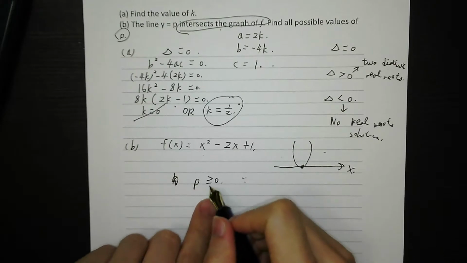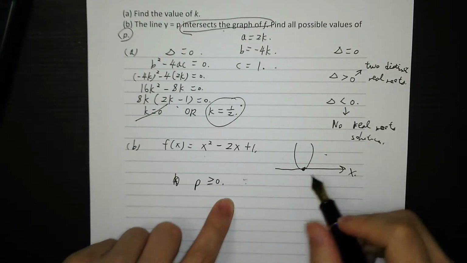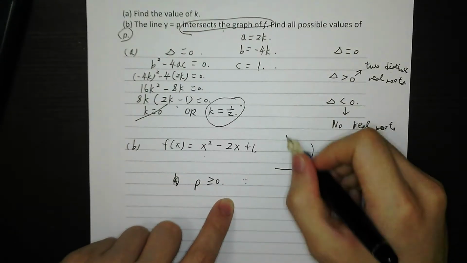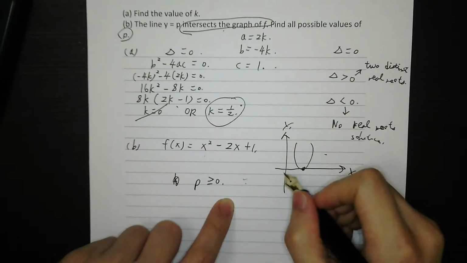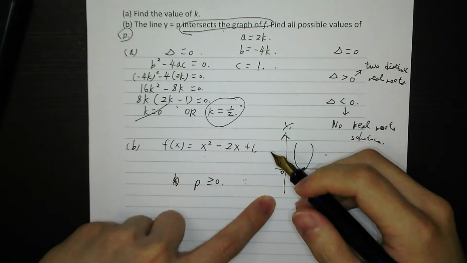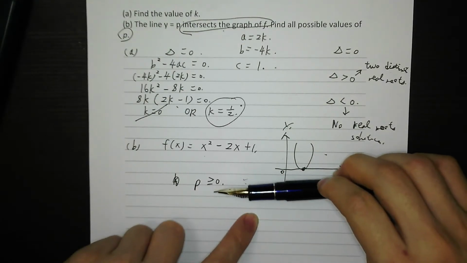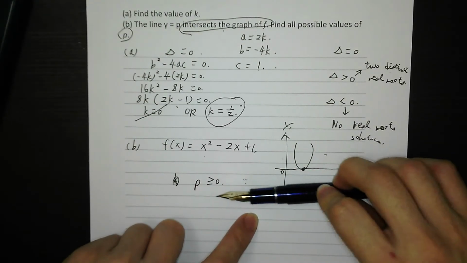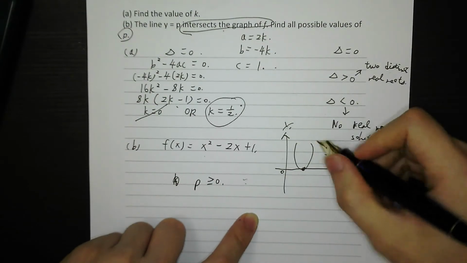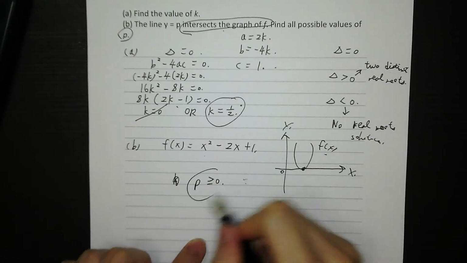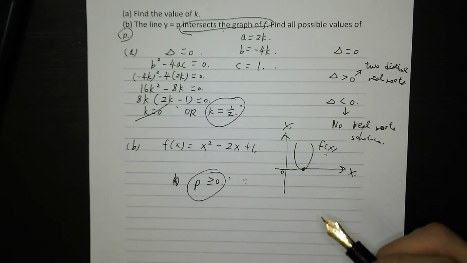So p is greater than or equal to 0. But p cannot be smaller than 0, because below the x-axis the y value is negative, so the straight line doesn't intersect f of x. So that's the answer: p is greater than or equal to 0.